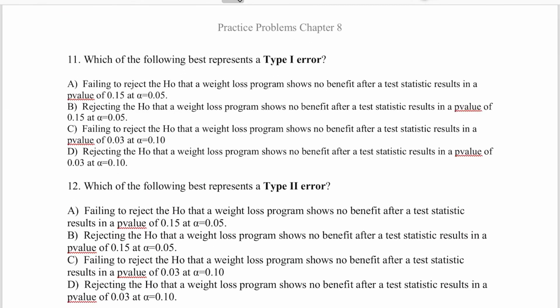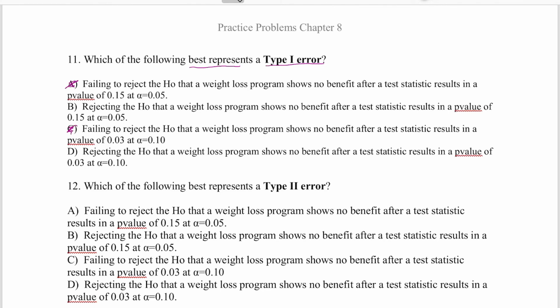Now 11 and 12 here, the key thing is what best represents a type 1 error. We already know a type 1 error is when we reject the null hypothesis even though the null hypothesis is true. So we already know A and C are out because those are failing to reject. B is reject the null hypothesis that the weight loss program showed no benefit after a test results in a p-value of 0.15 and alpha 0.10.